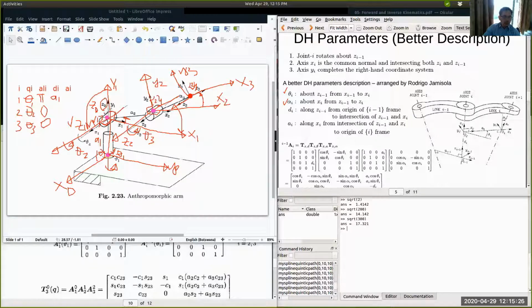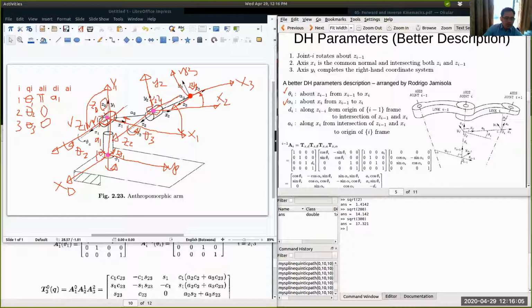So this is the origin of the first frame to the intersection of Z1 and X2, because you are looking at D2.